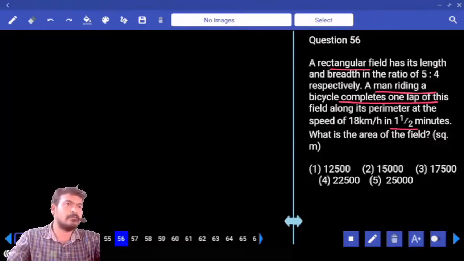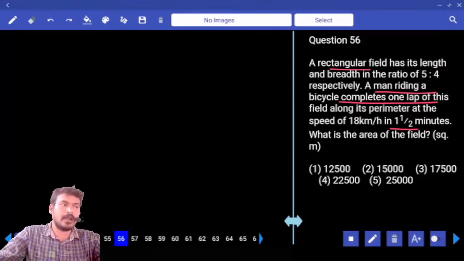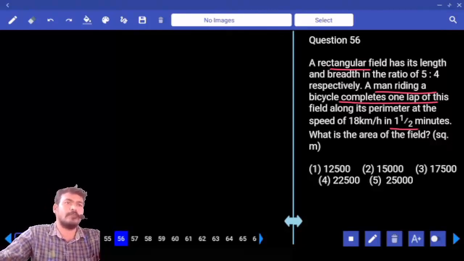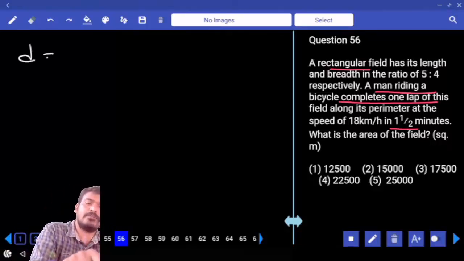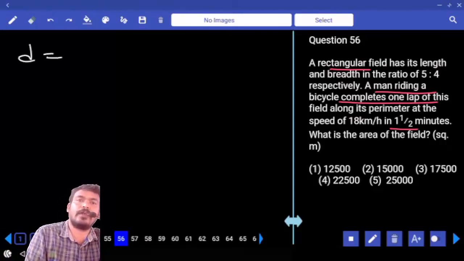Then we can take the distance value as equal to the perimeter of the rectangle.